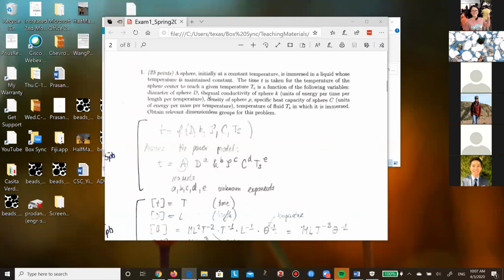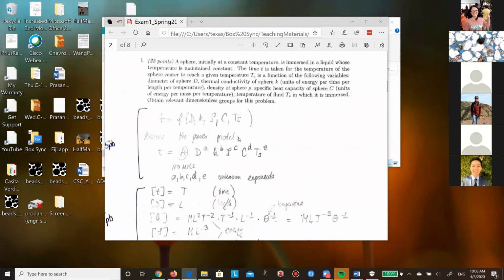So there's the diameter, thermal conductivity, density of the sphere, specific heat capacity, and temperature Ts of the fluid surrounding the sphere. So basically what we are looking for is the functional relationship: t is a function of diameter, thermal conductivity, density, heat capacity, and temperature Ts.